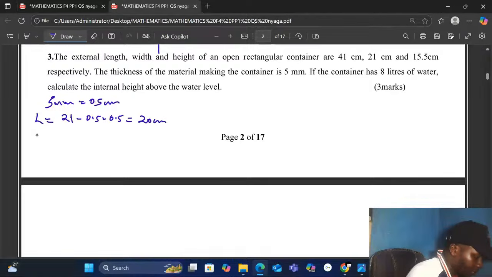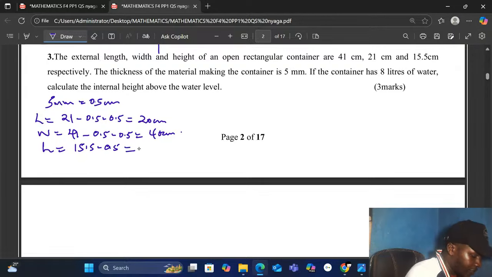Then the width, we take 41 minus the thickness on both sides, 0.5 and 0.5, and we get 40 centimeters. Then the height, we shall only remove one, so 15.5 minus 0.5. It is only on one side, therefore we shall have 15 centimeters.